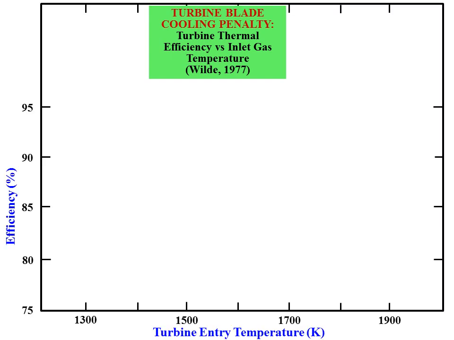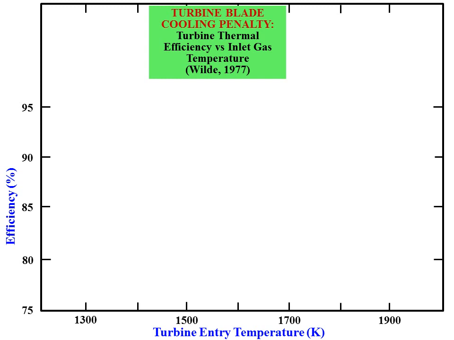Okay, in order to look at the effect of the cooling system on the turbine efficiency, we need to consider the turbine blade cooling penalty obtained by Wilde in 1977, which shows the result in terms of turbine thermal efficiency versus inlet gas temperature, as shown in the figure.